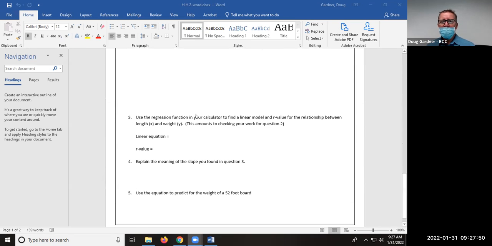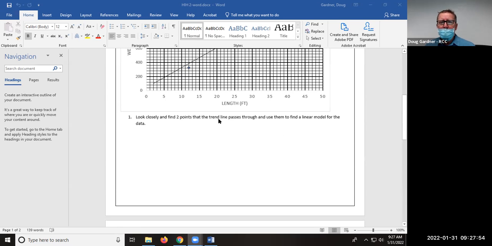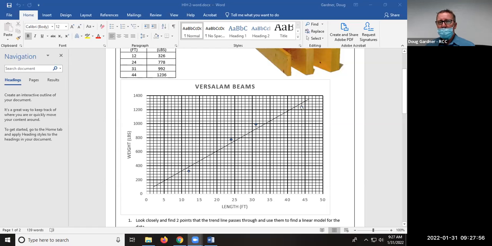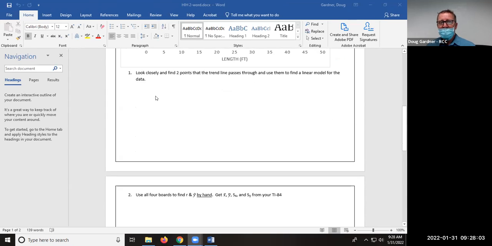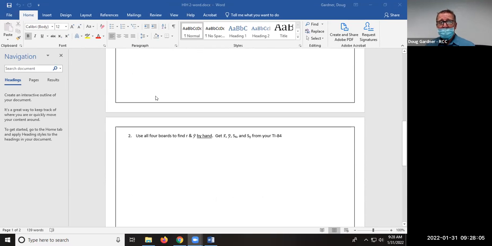And then if I skip down to number 3, use regression in your calculator with these 4 ordered pairs. Notice I listed them up here so you don't have to count them yourself. But then also it's kind of cool to be able to actually do regression by hand.